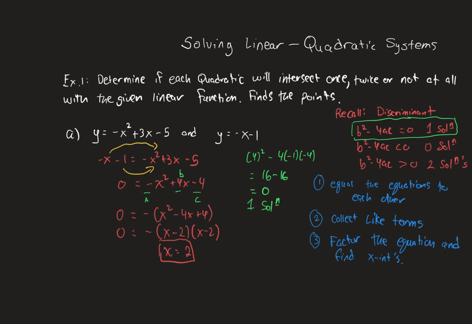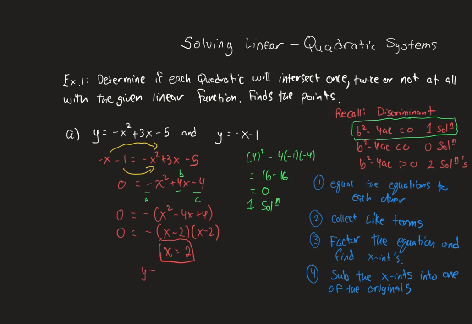Now remember, I told you to find the points. So the next thing and the final step you'd have to do is sub the x-intercepts into one of the original equations. Okay, so I'm going to sub it into my negative x minus 1.